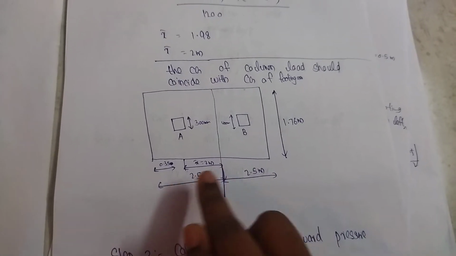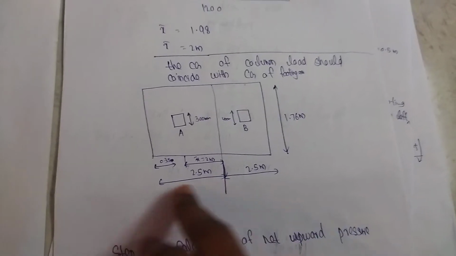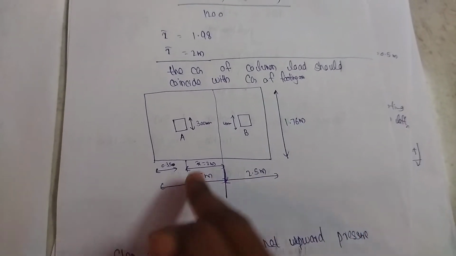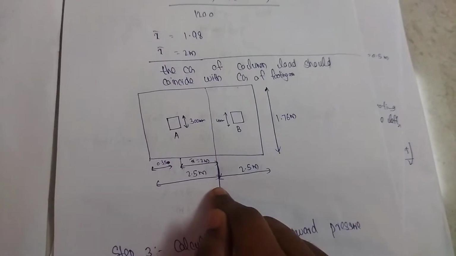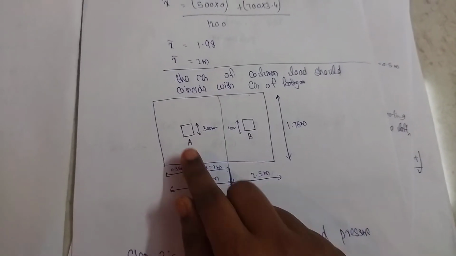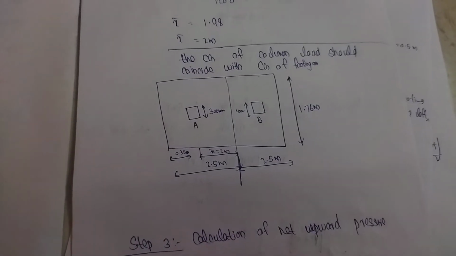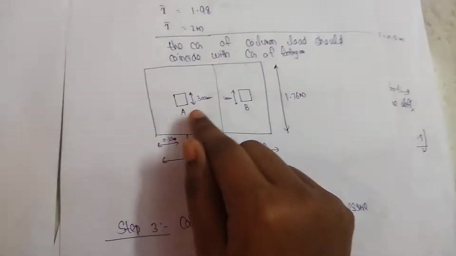So we are going to assume this center of gravity acts equally on the column. If the total length is 5 meters, half is 2.5 meters, 2.5 meters. So the center of gravity acts at the center portion, and x bar is the center of gravity from column A. The size of the column is 300 mm.